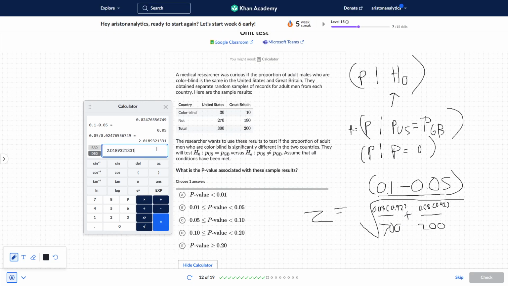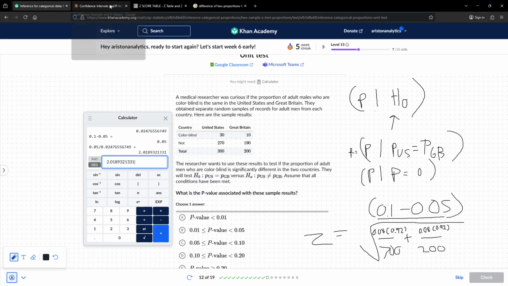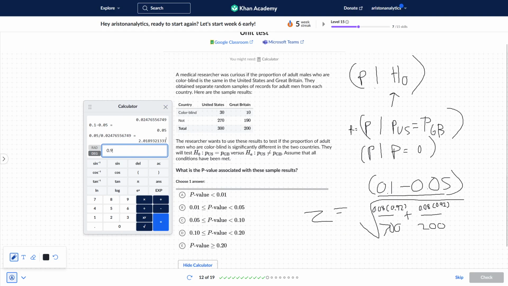Okay, just give me a sec. It's a two-tailed test, so we do 1 minus that, times 2. 0.0444.